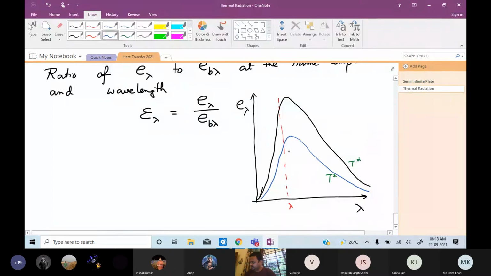This is E lambda, and this is EB lambda.